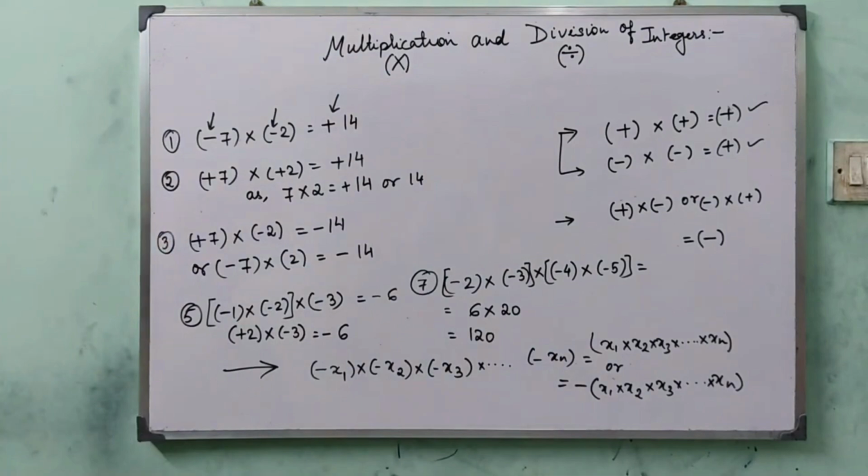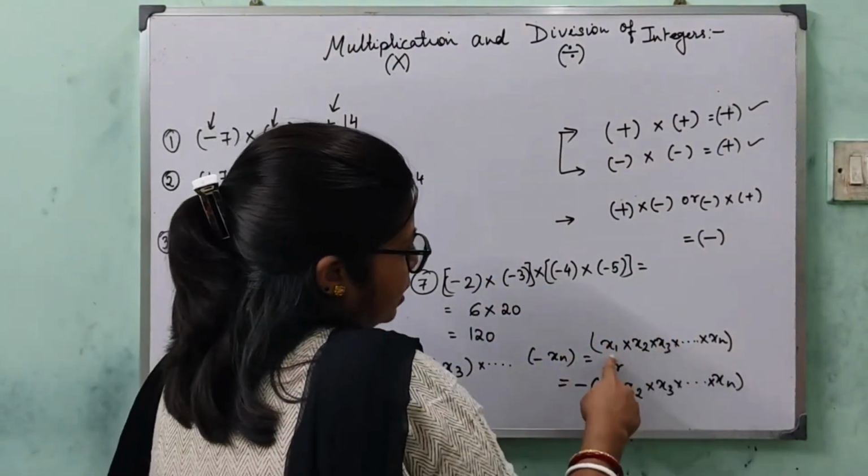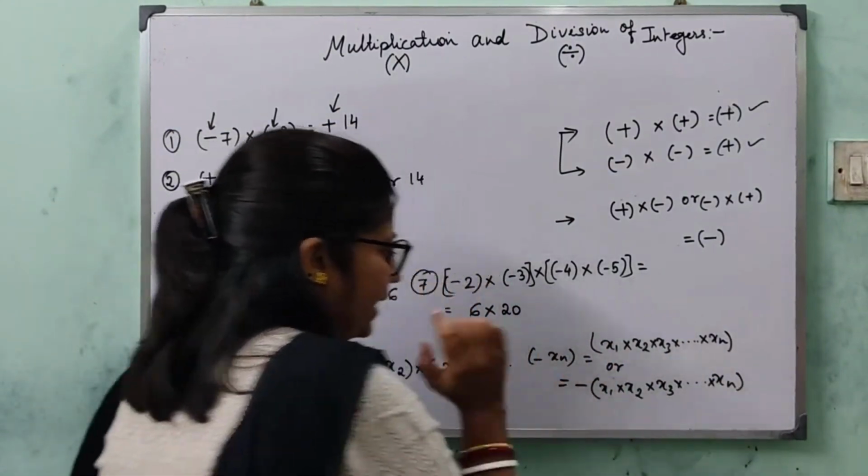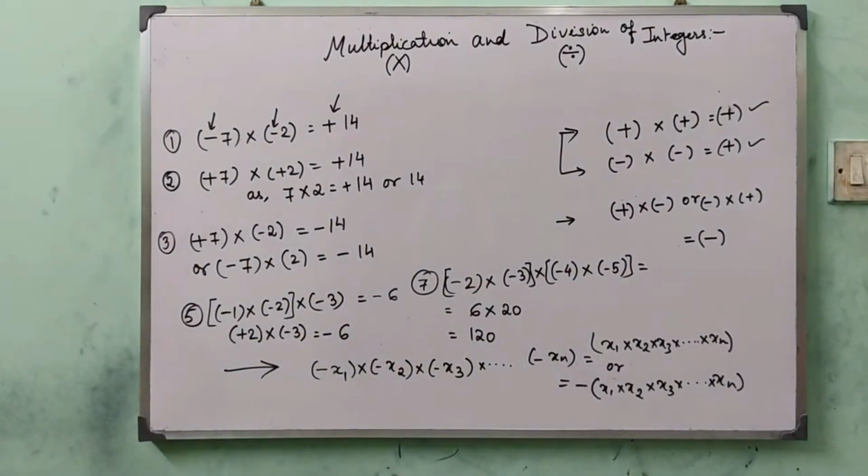Say n negative integers are multiplied together: either the product will have a positive sign or the product will have a negative sign. Now, what is the case? When do we have a positive sign and when do we have a negative sign?